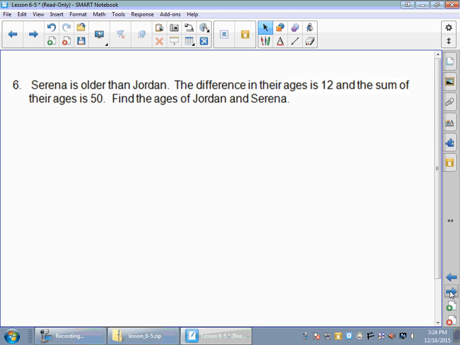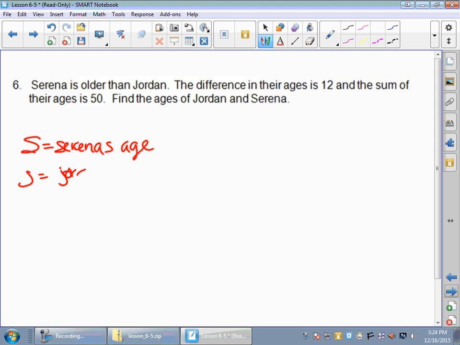And the last problem deals with an age problem. Serena and Jordan. So since we're using Serena and Jordan, I'm going to define S is equal to Serena's age, and J is equal to Jordan's age. I need to create two equations using S and J. Serena is older.